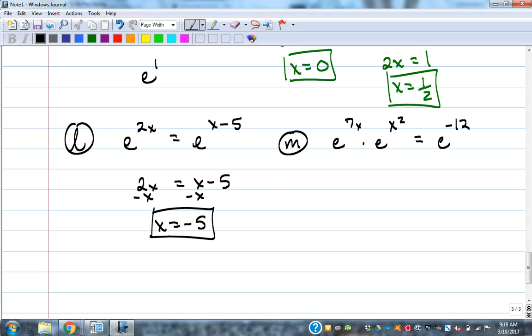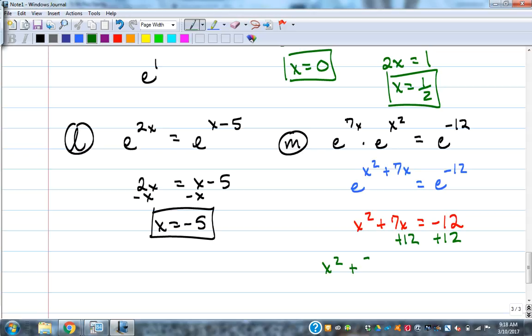So that's e to the x squared plus 7x. And I wrote it in that order because it's descending order, right? Because we know what we're doing next: setting the exponents equal to each other, right? Very good. And we got to get it equal to 0 because it's got x squared in the problem.